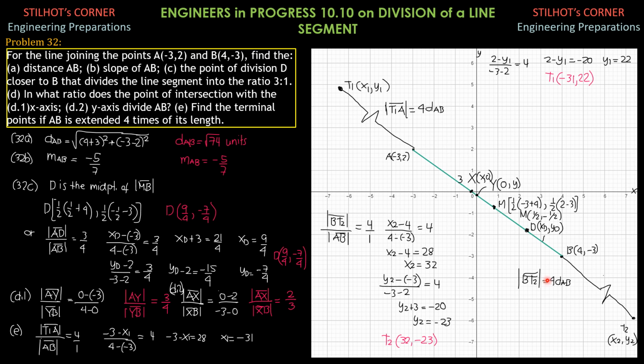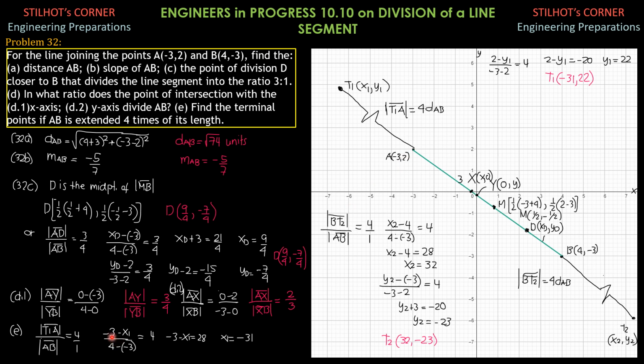So for the coordinates of T1, the ratio of T1A to AB is 4 as to 1. This is 4 times distance AB, and this is distance AB, so the ratio is 4 as to 1. And it is also equal to the ratio of the horizontal projections. To make the horizontal projection positive, we have right x minus left x: -3 minus x1 over, for AB, 4 minus -3.